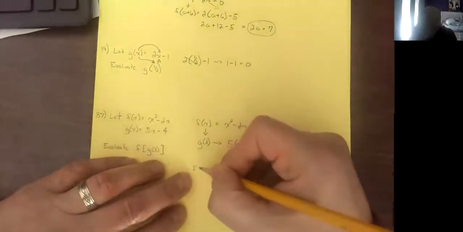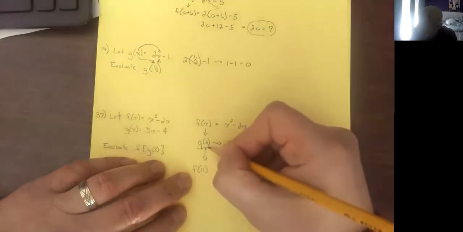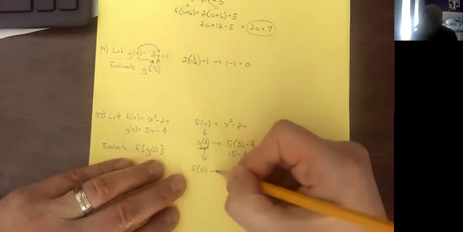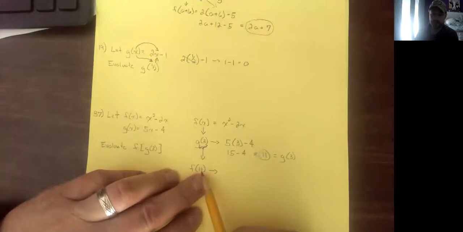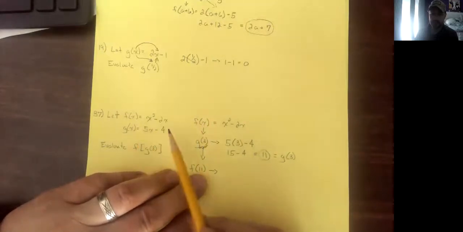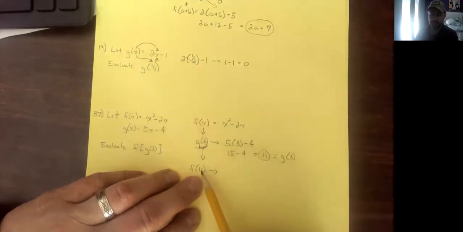Well, now I should do this. I just found g of 3 is 11. I plug that in for my f of x. F of x here became f of g of 3. I solved g of 3, got 11. Now I know that g of 3 is 11, so I plug it in.